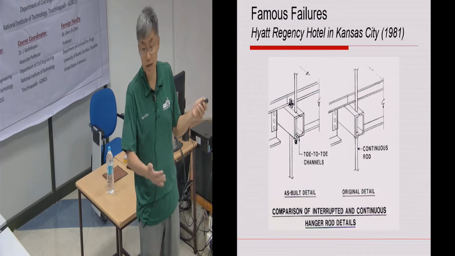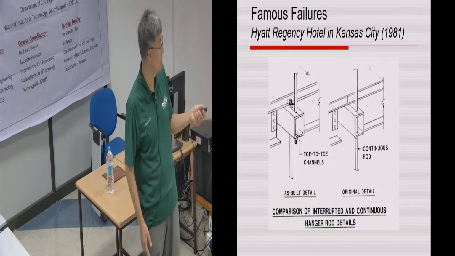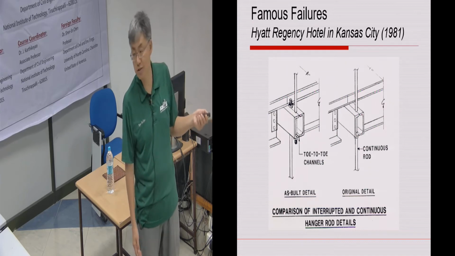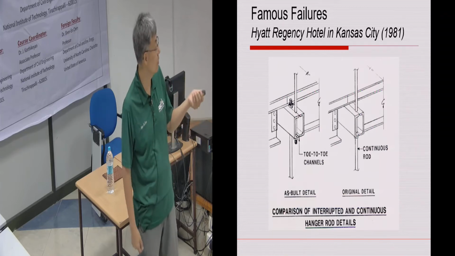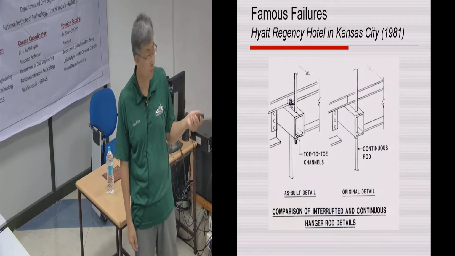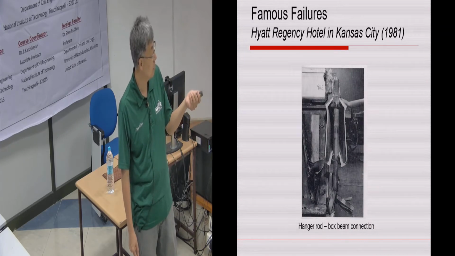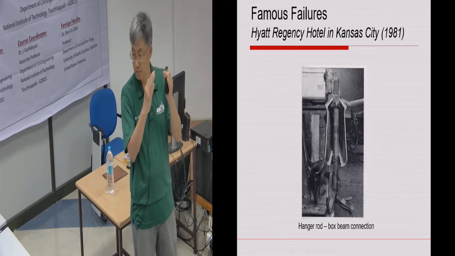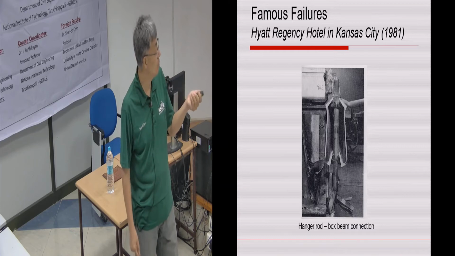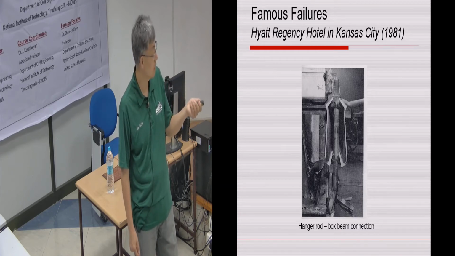Today, in a lot of structural engineering courses, the instructor will say that discontinuity was the problem, so we should have designed it this way and that way. Some people claim the bolt was not big enough and so forth. But when you look at the failure mode, you can see that the connection section failed, and the bolt was obviously pulled through on the top part.